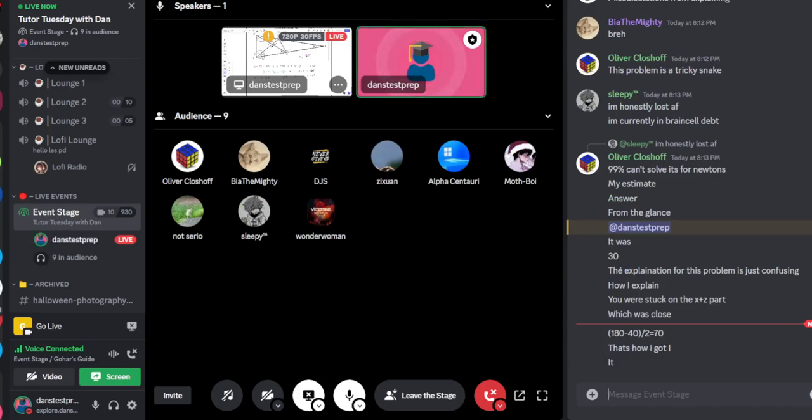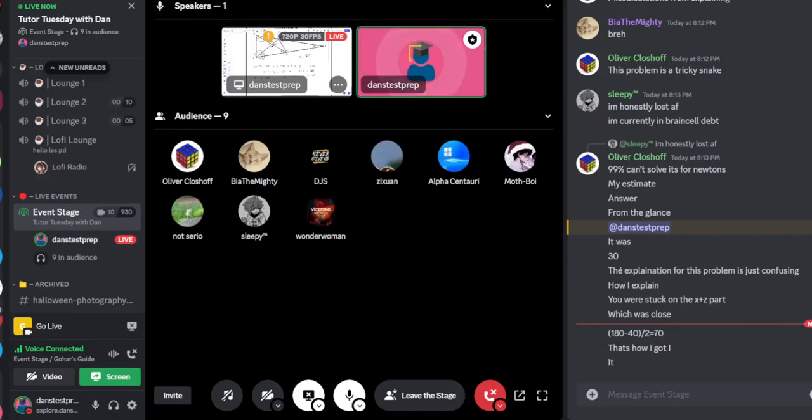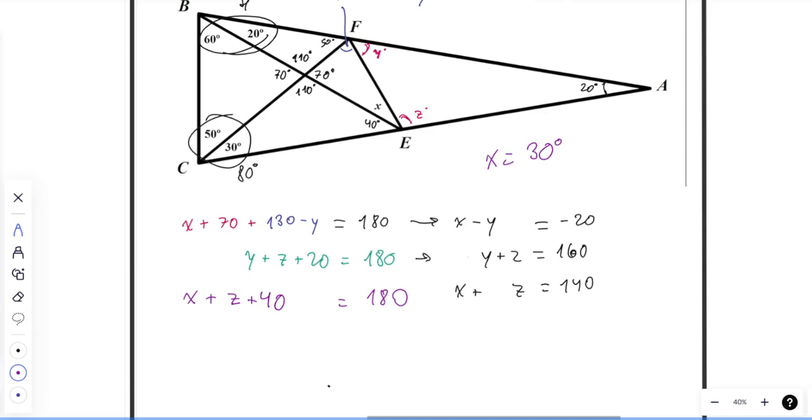180 minus 40 divided by 2 equals 70. I don't know how you got that.